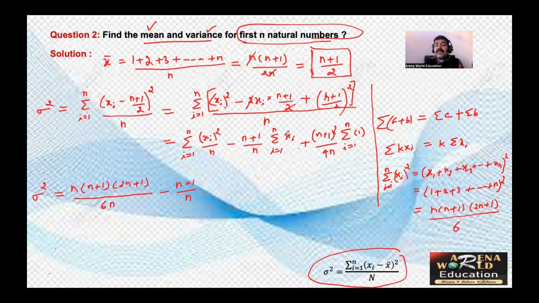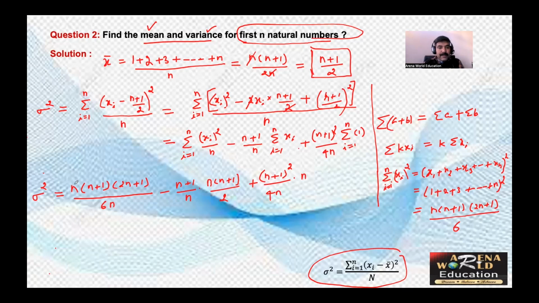This is the sum of first n natural numbers, so this will be equal to n into (n+1) divided by 2. Right? Now, what is the last term? Last term will be (n+1) whole square divided by 4n. And look at this one, i is from 1 to n, and this is what? 1 is added n times. So this will be equal to n only.